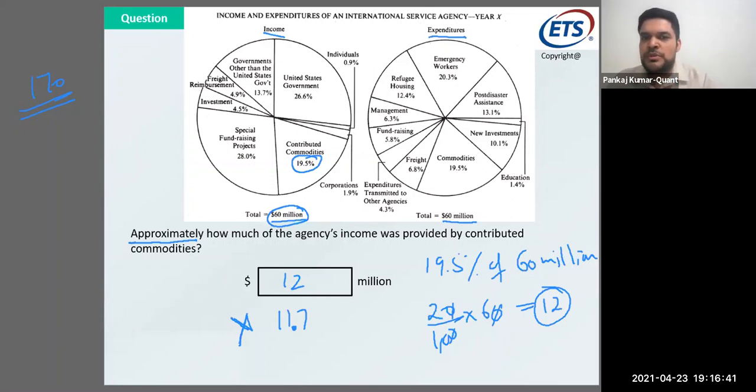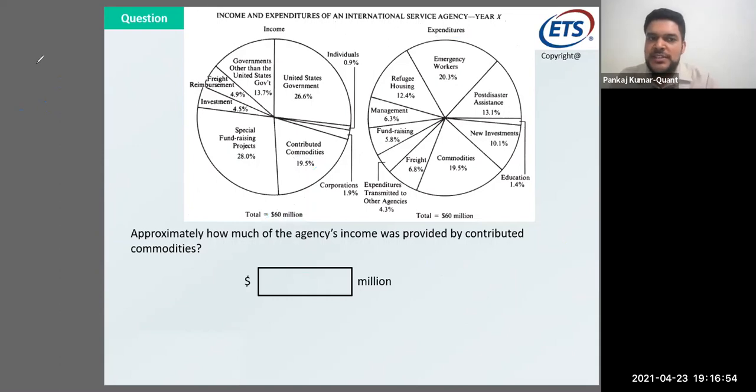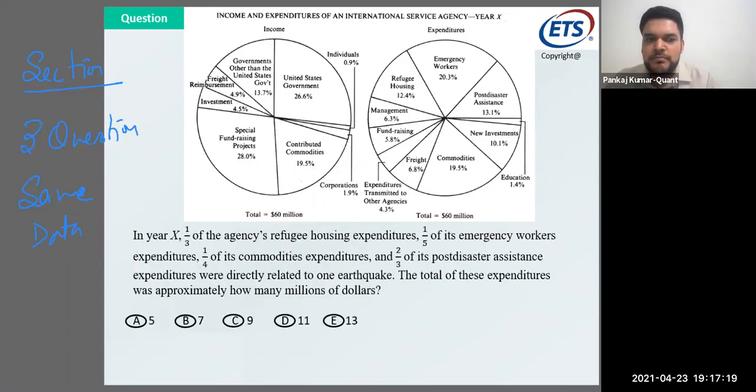Let's do one or two more problems on data so that you get the understanding, because you get 7 to 8 questions on data. Let me just tell you the pattern. In each section, you will be getting 3 questions on the same data set.